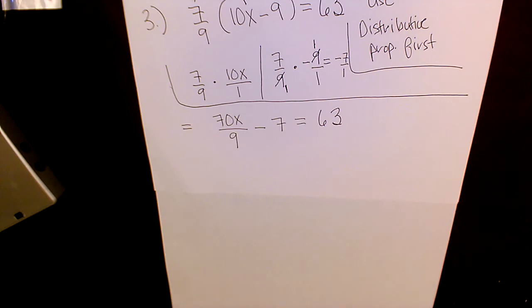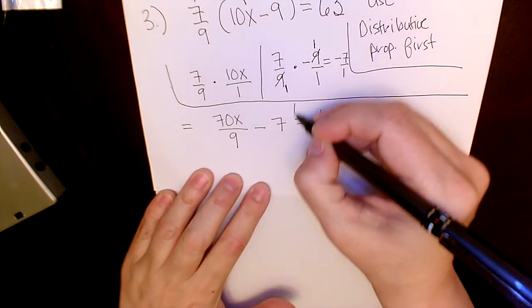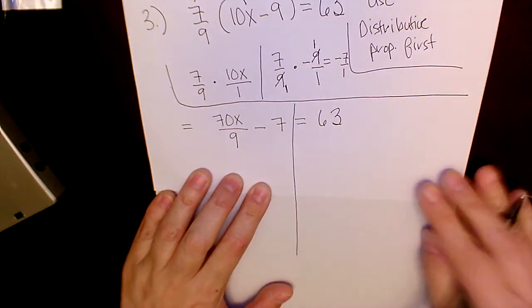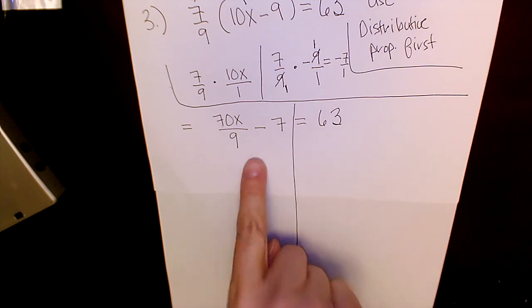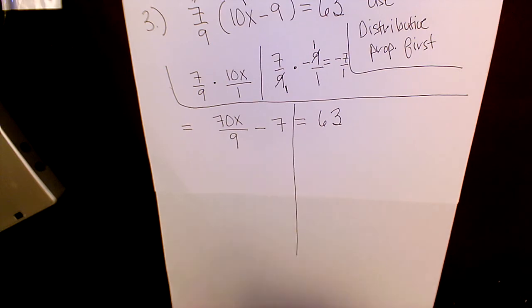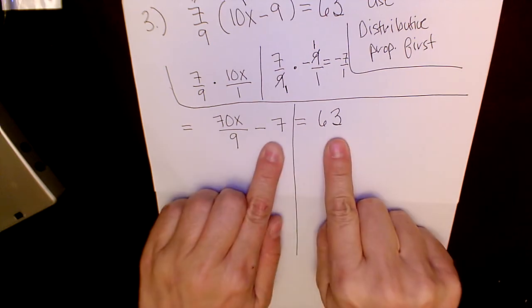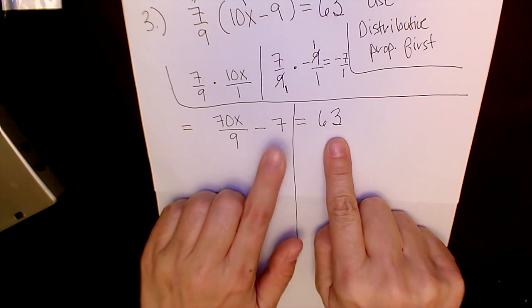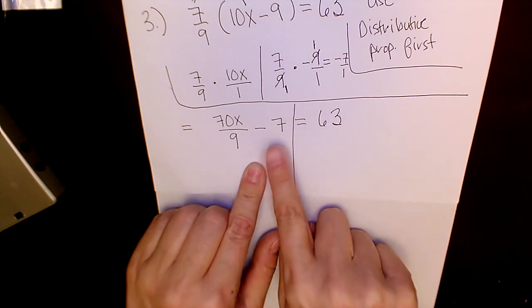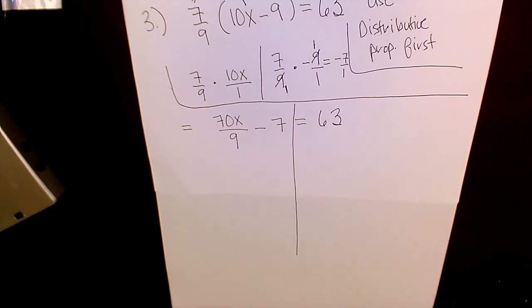Now I'm ready to solve it. I'm going to draw the line through. This side has more. I'm going to start over here, and what do I have on both sides? I've got numbers. So I'm going to start with the number on this side, and it's a -7. How do I get rid of -7?